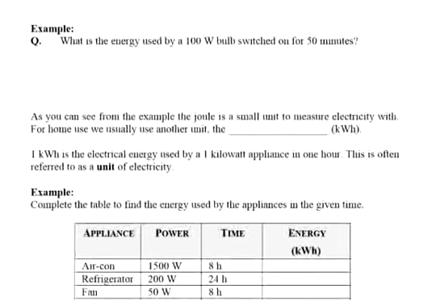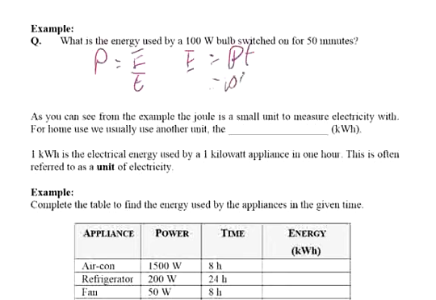Next, what is the energy used by the 100 watt switch on for 50 minutes? By using the formula P is equal to E over T, or by arranging it, E is equal to PT. The power is 100 times 50 minutes.